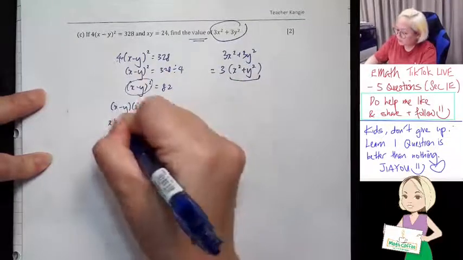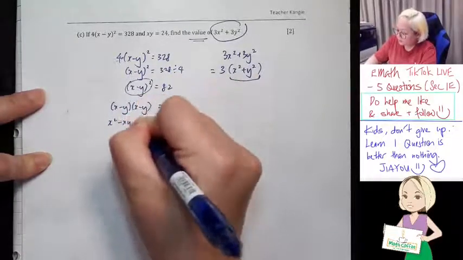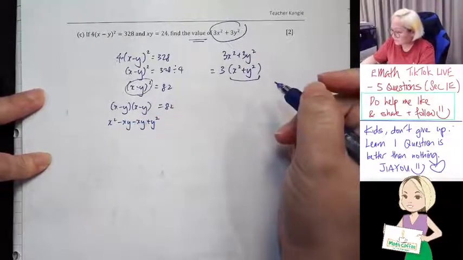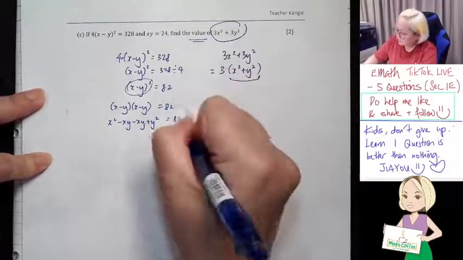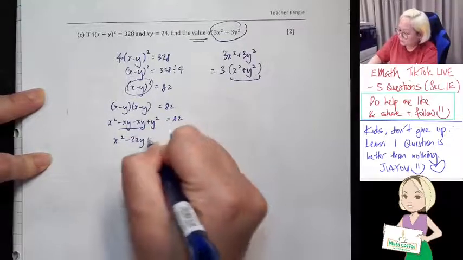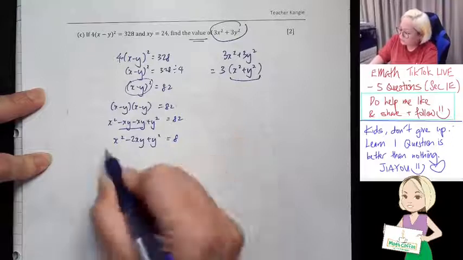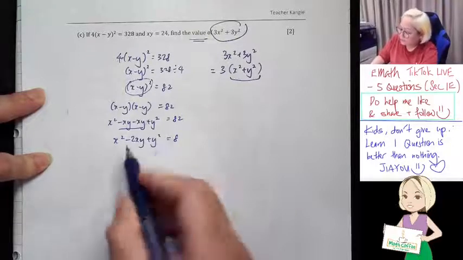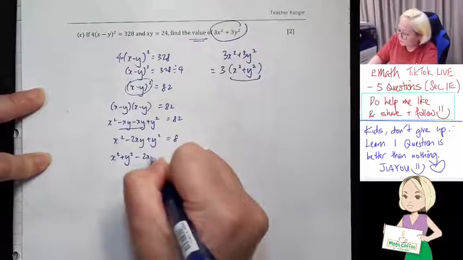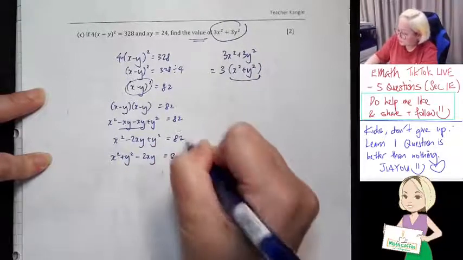I will get x squared minus xy minus xy plus y squared. So I combine: x squared minus 2xy plus y squared equals 82. Let me shift, so x squared plus y squared goes first: x squared plus y squared minus 2xy equals 82.